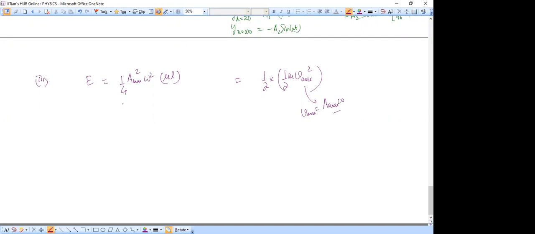So in this case, it will become 1 by 4 into mu L, so that M, which is mu L, will become 0.25 gram per centimeter into 240 centimeters. So that will be 0.25 into 240 in grams, and then divide by 1000. So the total mass of the thread will become 0.06 kgs.